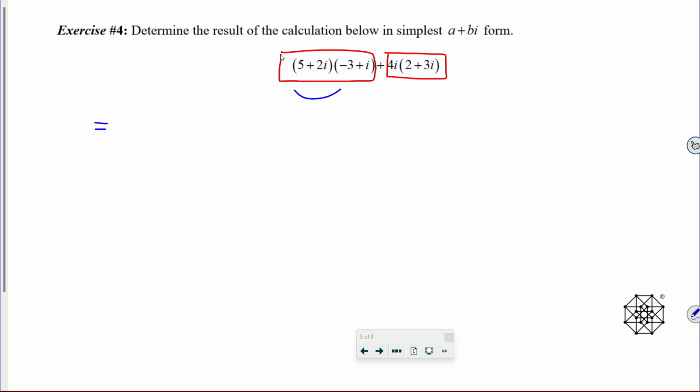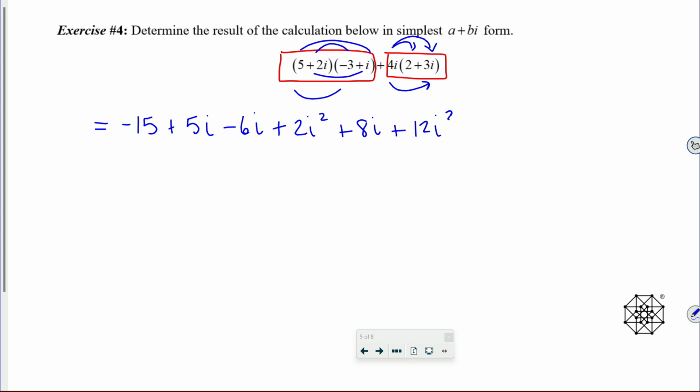We've got to FOIL, so 5 times negative 3 is negative 15, 5 times i is 5i, 2 times negative 3i is negative 6i, and 2i times i is 2i squared. All right, now I might as well just do this one as well, but here I just have a single distribution. 4i times 2 is 8i, and 4i times 3 is 12i squared.